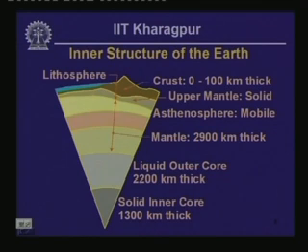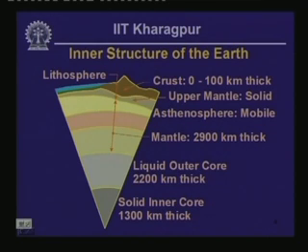Underneath the upper mantle is a shell called the asthenosphere, which is under elevated temperature and is relatively mobile. As a result, it is in a semi-liquid viscous form. Then underneath the asthenosphere you have the inner mantle, then the liquid outer core, whose thickness is indicated on the sketch, and finally near the center of the earth you have the solid inner core.